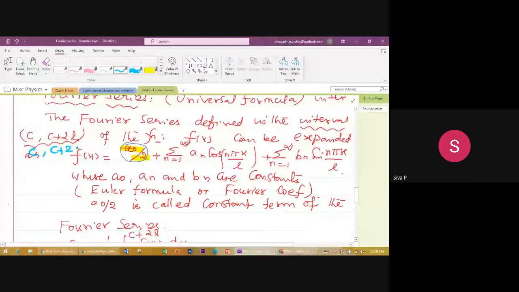Comparing this, C is C, but in place of C plus 2L we have C plus 2 pi. What is the difference between both? Only pi and L are different. So wherever L is there, you have to substitute pi.